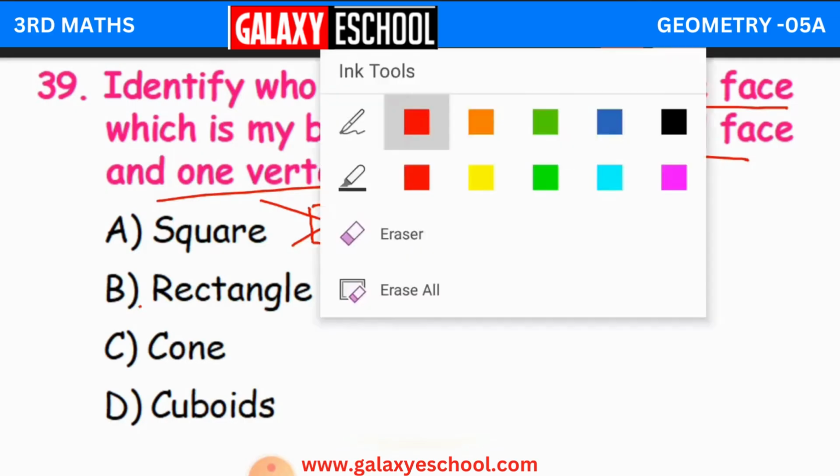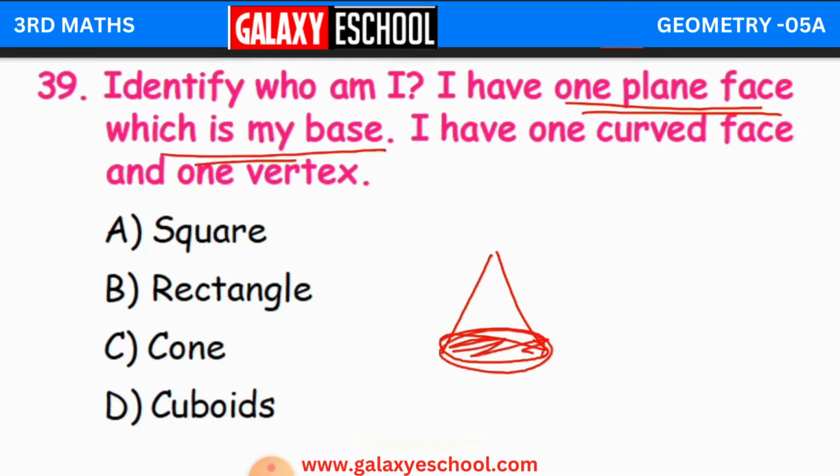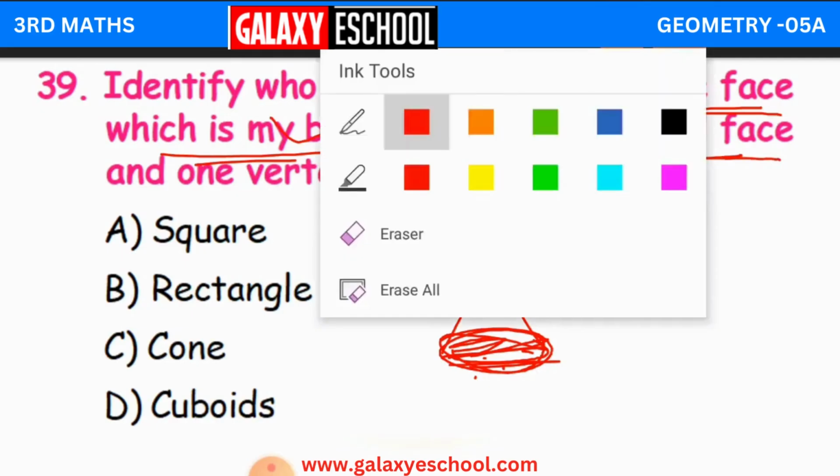Now coming to option C, cone. This is the shape of a cone. Let us see, does it have one plane face? Yes, it has one plane face, which is its base. Here base means which is at the bottom. So cone has a plane face as its base. It is correct. Now coming to the second condition, I have one curved face.